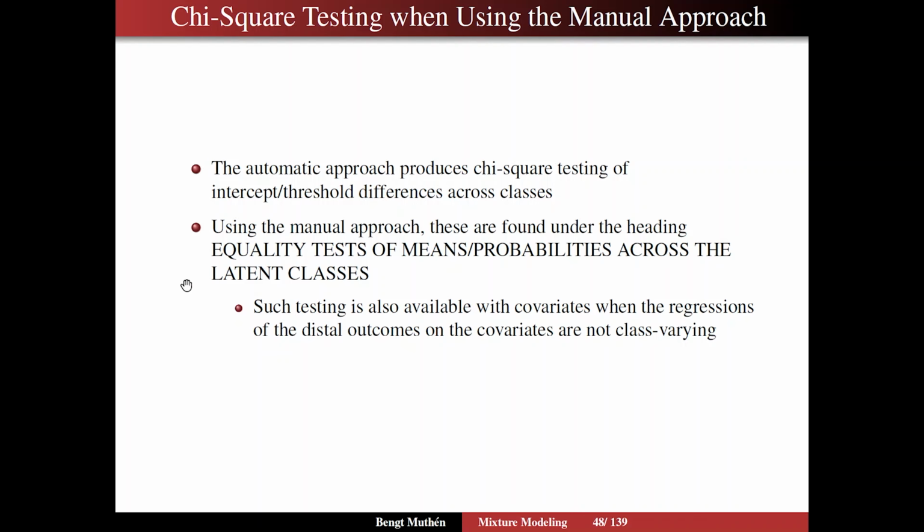So that kind of testing is also available with covariates when the regressions of the distal outcomes on the covariates are not class varying. So that's a way to see how the latent class variable influences, or test how the latent class variable influences the distal outcomes.